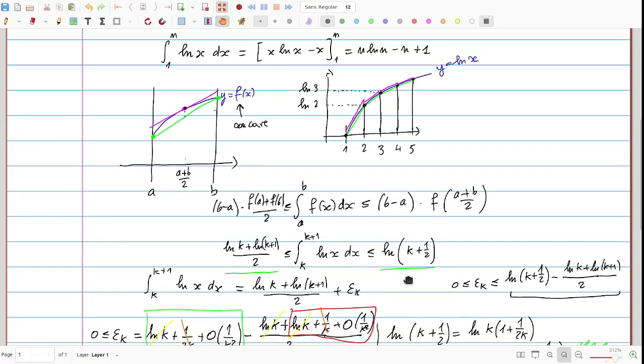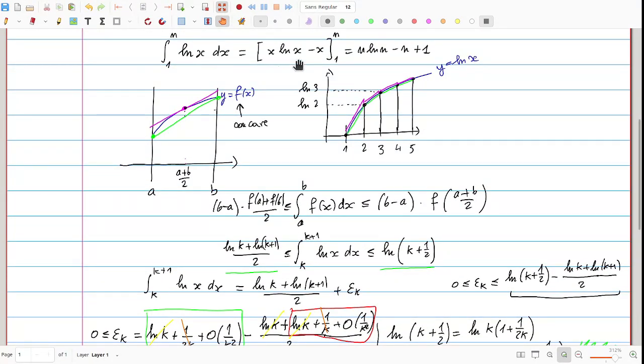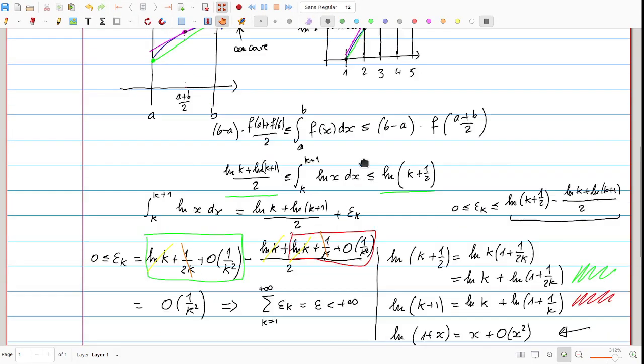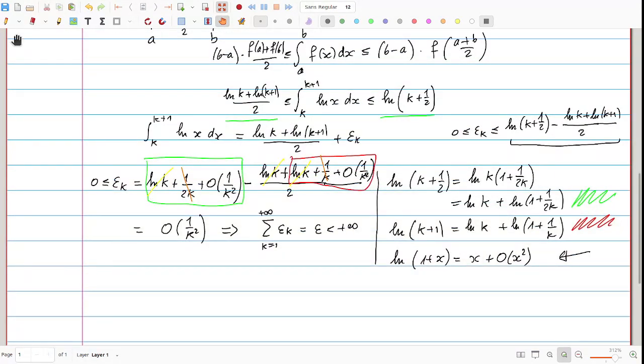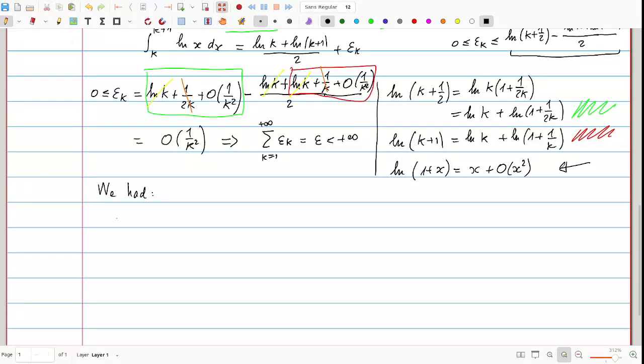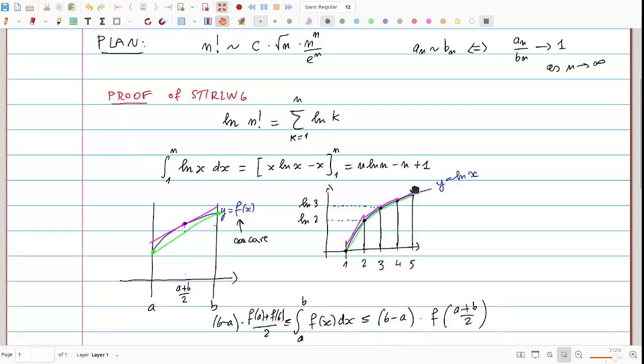So what we have got. Let's start again. We have this formula for the integral of the logarithm. Start from there. The formula was n log n minus n plus 1. Just check it.